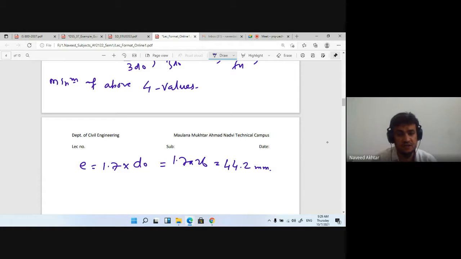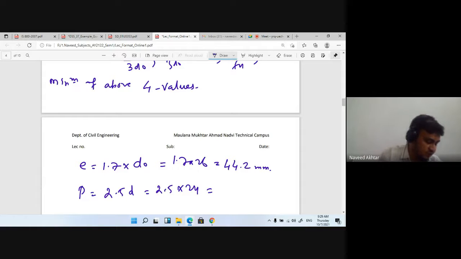And P is equal to 2.5 times D, 2.5 into 24, it is coming 60 mm.